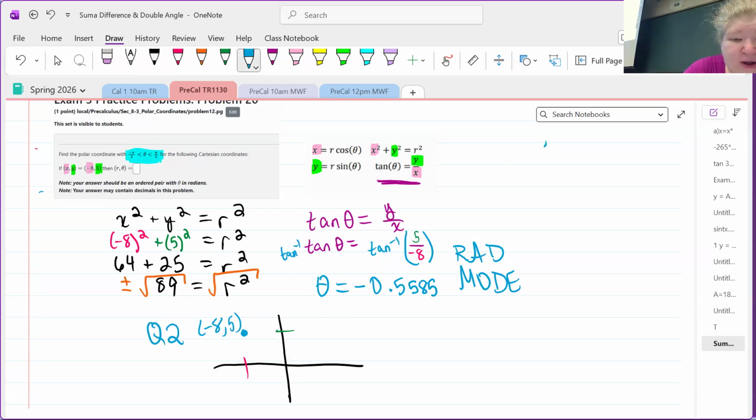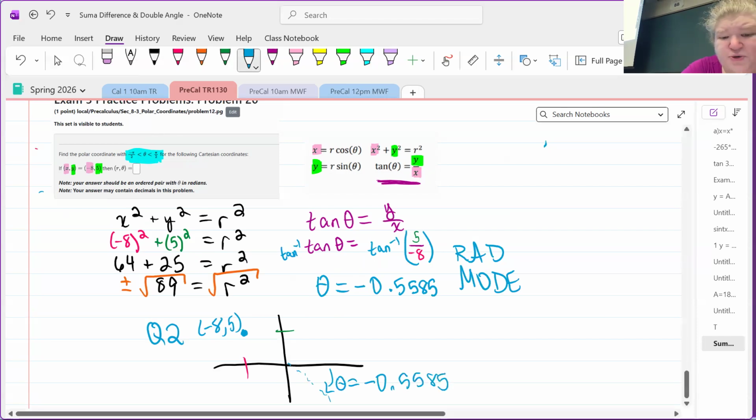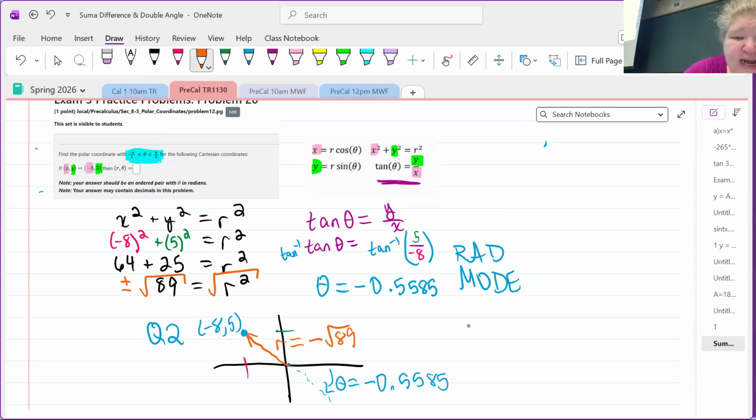My angle right now, my theta, is in quadrant 4. So if I use a positive radius, the positive radius will put my point in quadrant 4. I need my point to be in quadrant 2, so I have to use the negative radius. So it'll equal r equals the -√89.